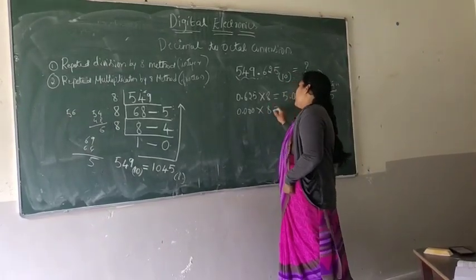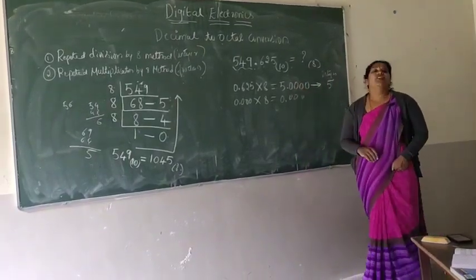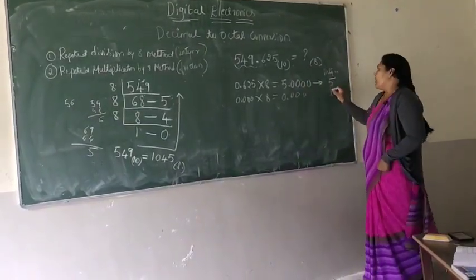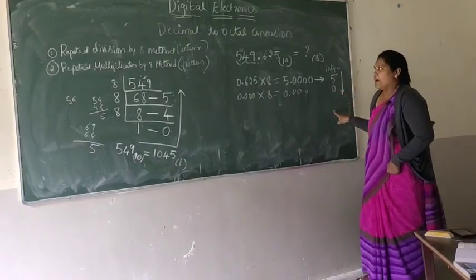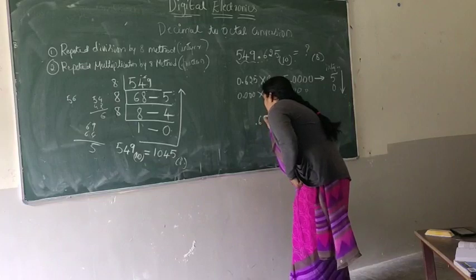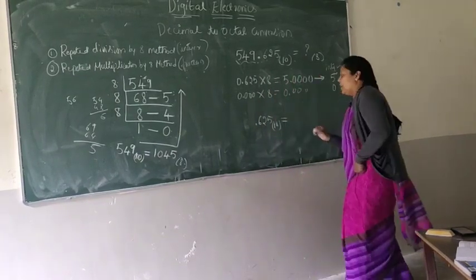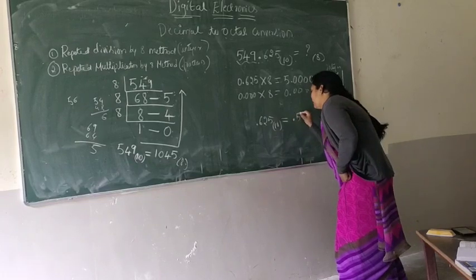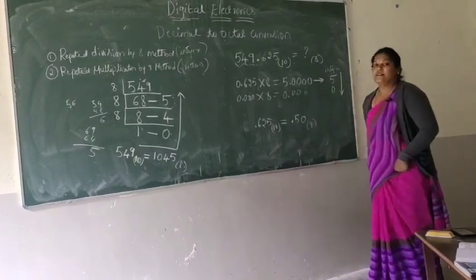Again multiply by 8. What will you get? 0 only. If you go on doing that, you will get 0 itself. So what you have to write? You have to take it from top to bottom for the fraction part. That is, 0.625 in decimal number system is equivalent to 0.5 in octal number system.